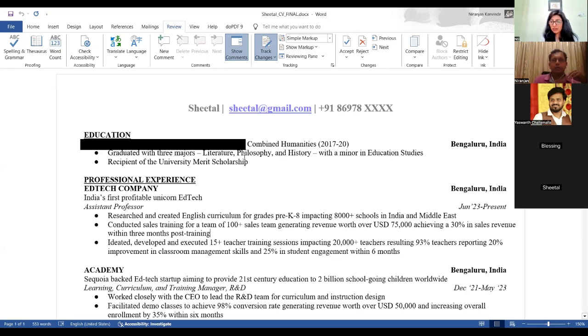All right. So, Sheetal, as I said, your education. First of all, the formatting bit I just mentioned: not using end to end, but giving sufficient margins on all sides. I'm not highlighting it here one more time because I just discussed that, so I'll just make a note here. I'll add a comment.